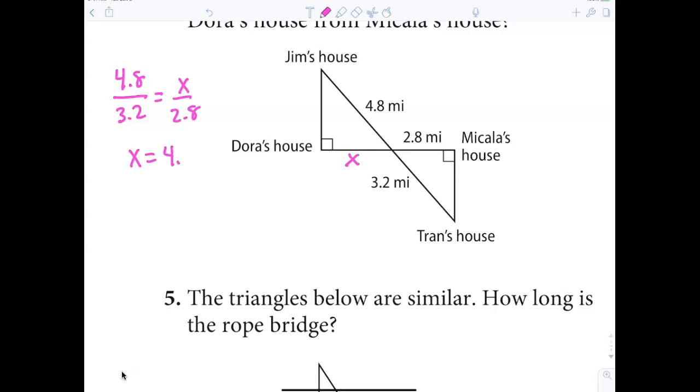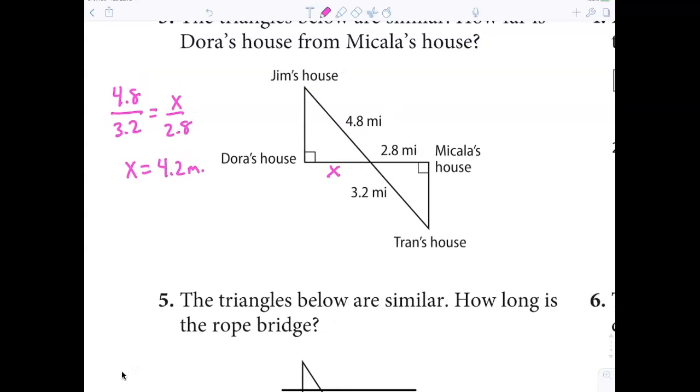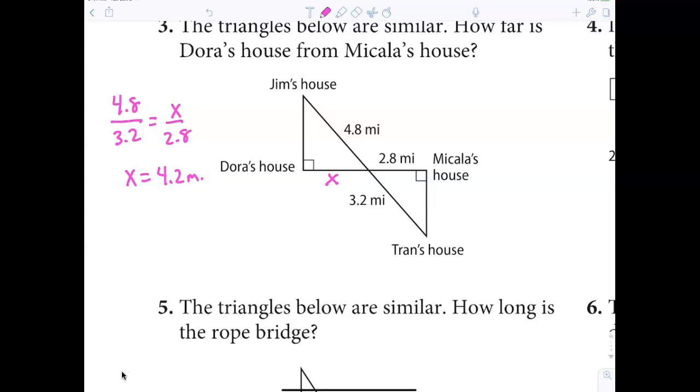So we would say 4.2 miles. Now, what's the answer to the question, though? Yes, ma'am. Good job. Right?